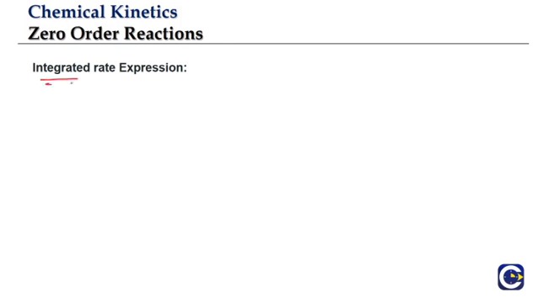Now we will look at what we call the integrated rate expression. First we will try to understand what is the need for the integrated rate expression. When we write the expression for the instantaneous rate of a chemical reaction, this only talks about at that particular instant how the rate of consumption of the reactant is related to the rate of the reaction, or how it is related to the concentration of the reactants.